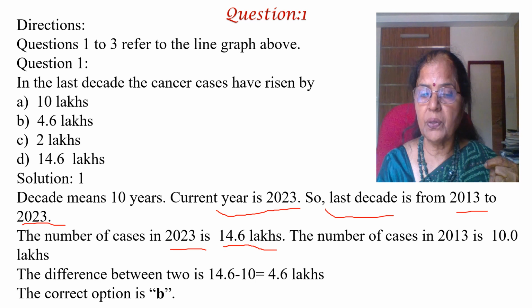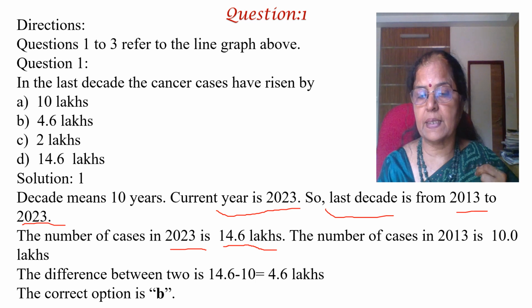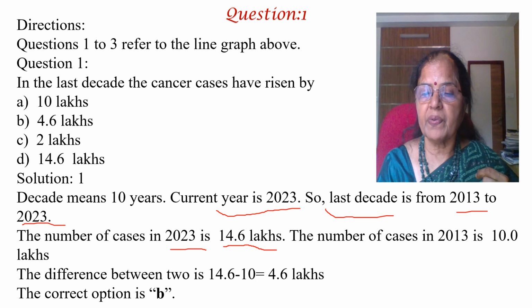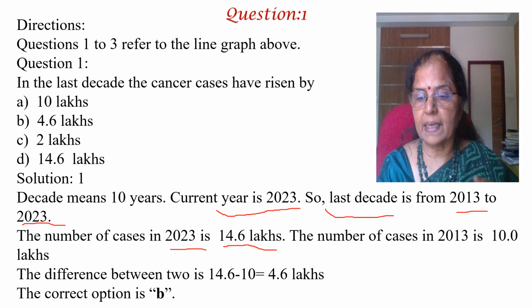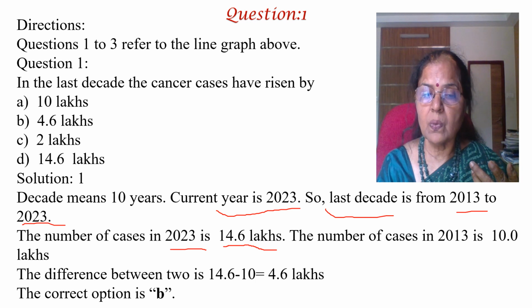So look into the x-axis for the year 2023, and what is the point given exactly opposite to that 2023? It is 14.6 in the y-axis. So the number of cases in that particular year is 14.6 lakhs, current year. And now decade, so 10 years before, that is 2013.